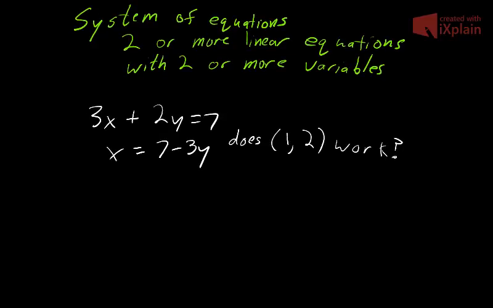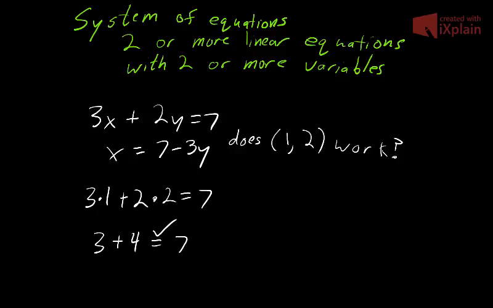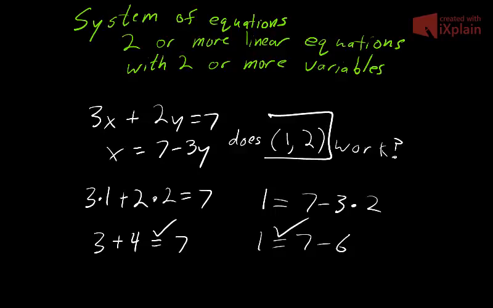So x is 1, I would get 3 times 1 plus 2 times y, which is 2, equals 7. 3 times 1 is 3, plus 4 equals 7, and that is true. On the other side I have x, which is 1, equals 7 minus 3 times y, which is 2. 1 equals 7 minus 6, also true. So that means that (1, 2) would be my answer here.